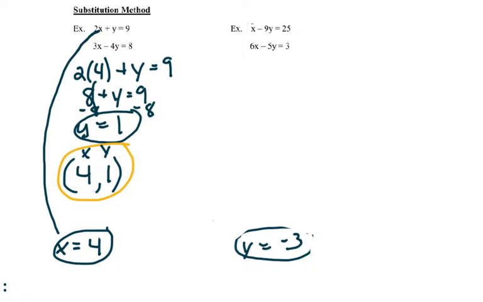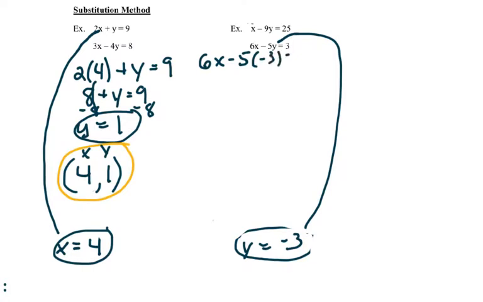All right, so keeping my y equal to -3, let's decide where we want to plug this in. How about we just plug it into this bottom equation? Let's plug it in right here. So that's going to give us 6x minus 5 times my -3 equals 3. That's 6x plus 15 equals 3.